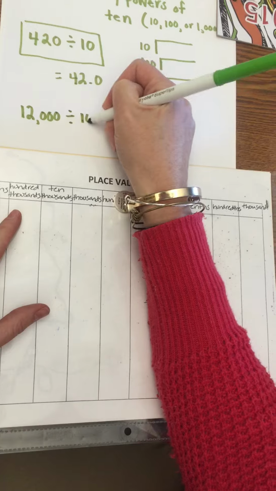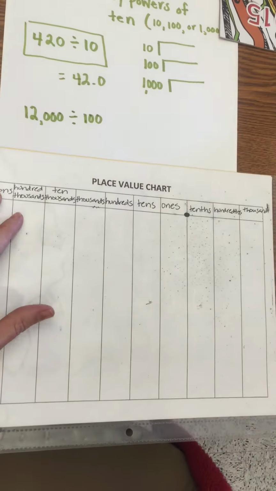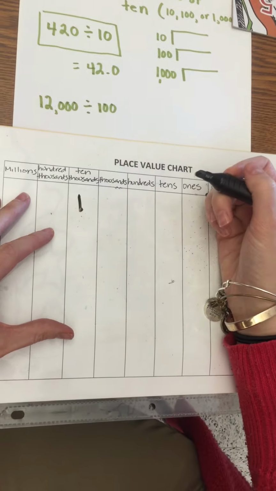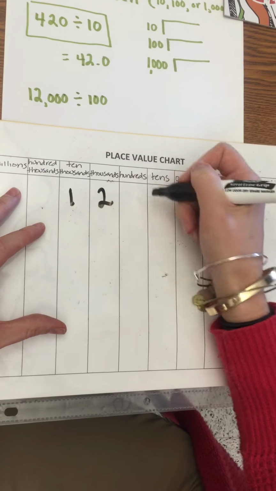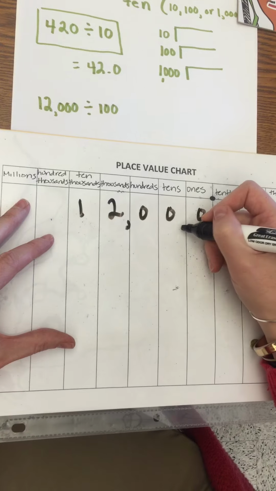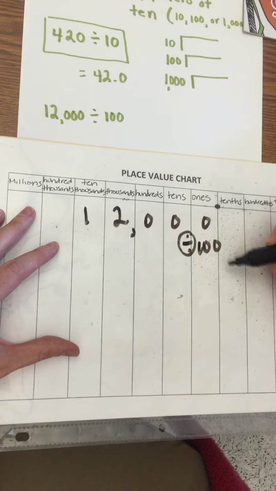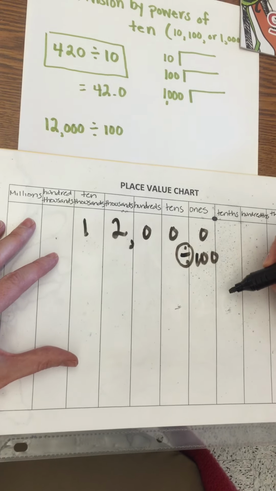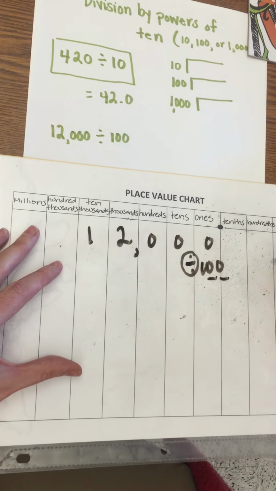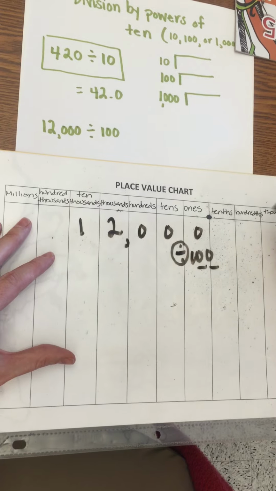If I have another problem that's bigger and seems more complicated, that's 12,000 divided by 100, I can simply think about shifting on a place value mat. So I know my 1 goes in the 10,000s place, the 2 goes in the thousands, and then I finish up with my zeros. If I'm dividing by 100, I know that with division, my answer is going to be smaller, so I'll be shifting to the right. And I know with 100, there's 2 zeros, so I know I'll be shifting 2 place values to the right.